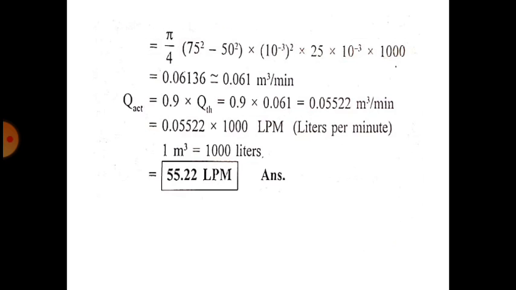Converting to liters per minute, multiply by 1000, because 1 meter cube is 1000 liters. So the actual discharge of the pump is 55.22 liters per minute at 1000 rpm. If the rpm increases, the discharge will increase again.